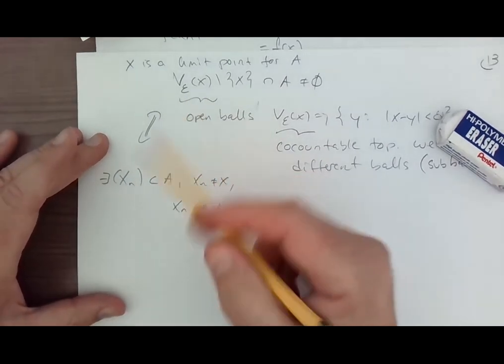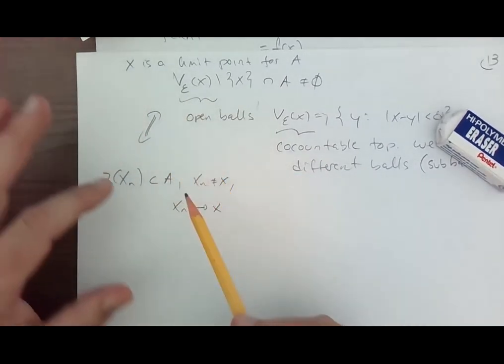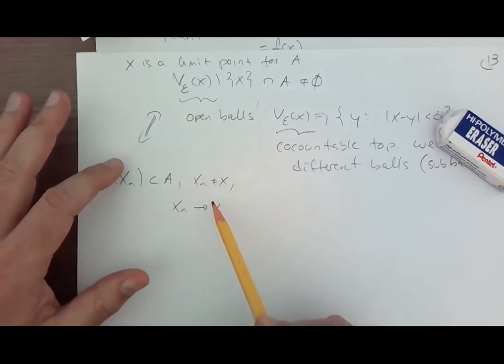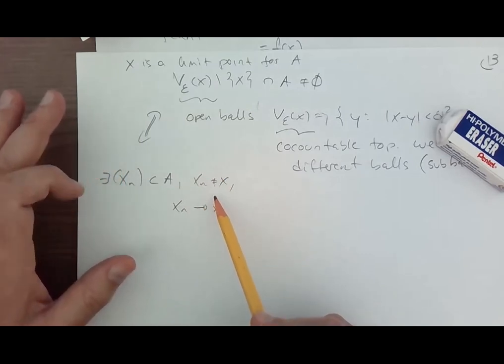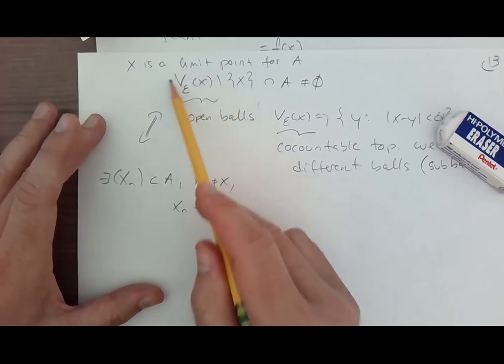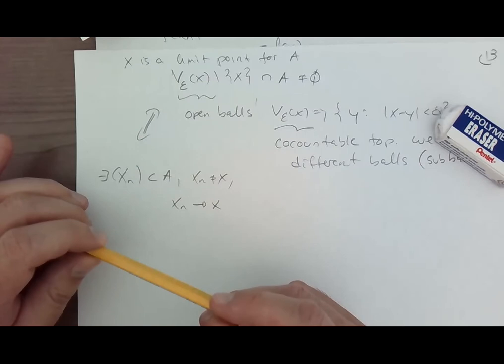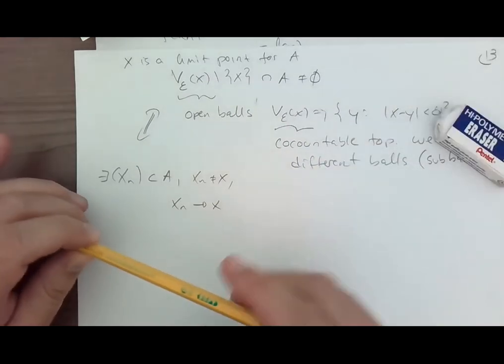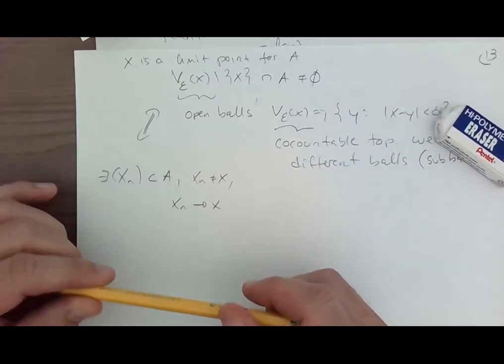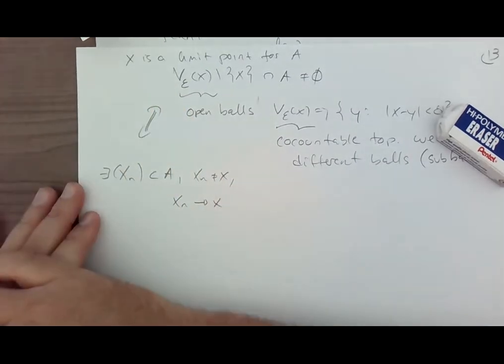We have proven a result like this one. And stuff like this again relies on open balls. If I change around what I have here, I am not sure you get such a property. So what is the description of limit points for the co-countable topology? I am not sure.